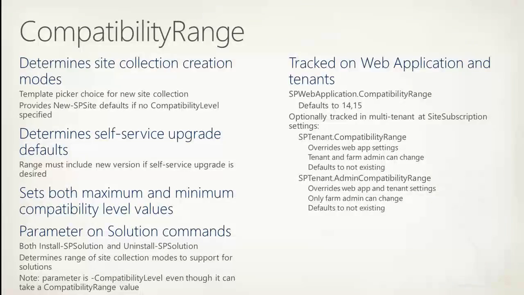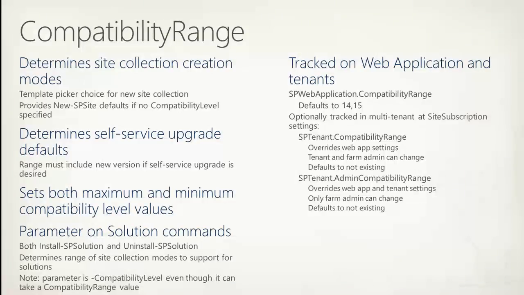But the problem is it didn't give us the flexibility that people were asking for, so we made some changes. I'll cover it a little bit later, but that command was replaced with, and this is the trick, a compatibility level parameter, but in reality you can pass a compatibility range value to it. So we'll cover that a little bit later.